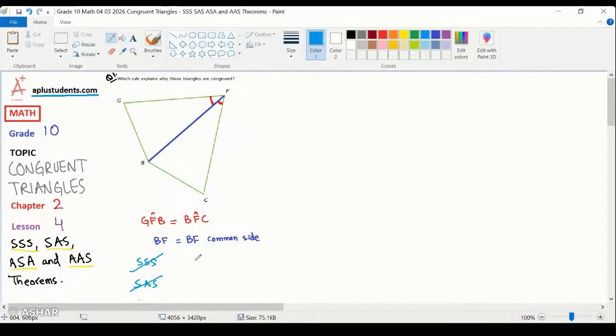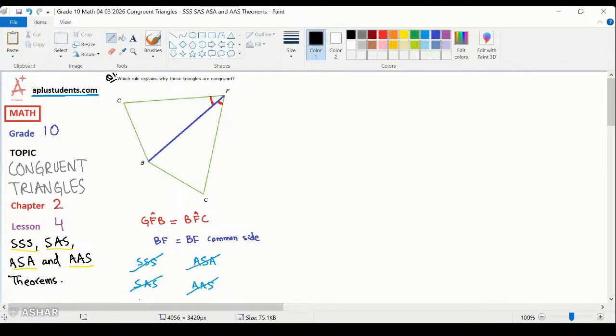Do we have angle-side-angle? Do we have two angles? We have only one angle and one side, we cannot apply this property, right? And the last one is angle-angle-side, we only have one angle and one side, so this cannot be applied.